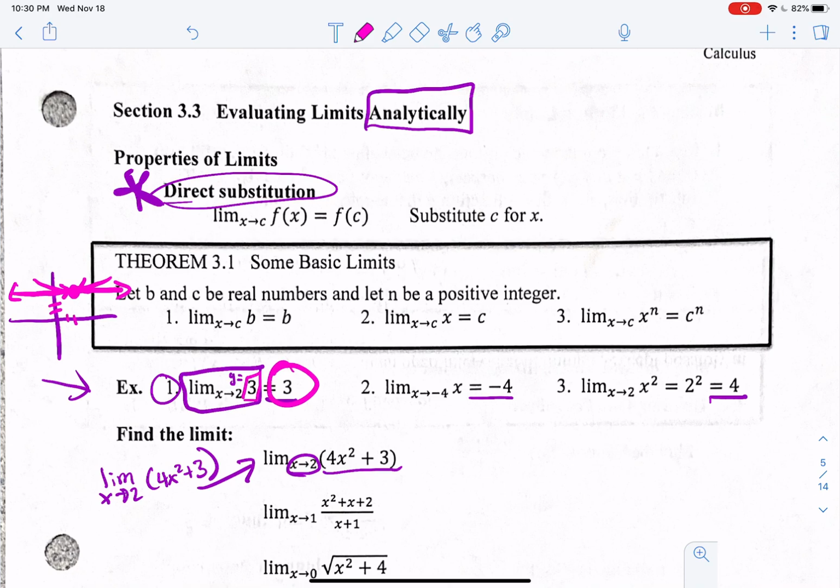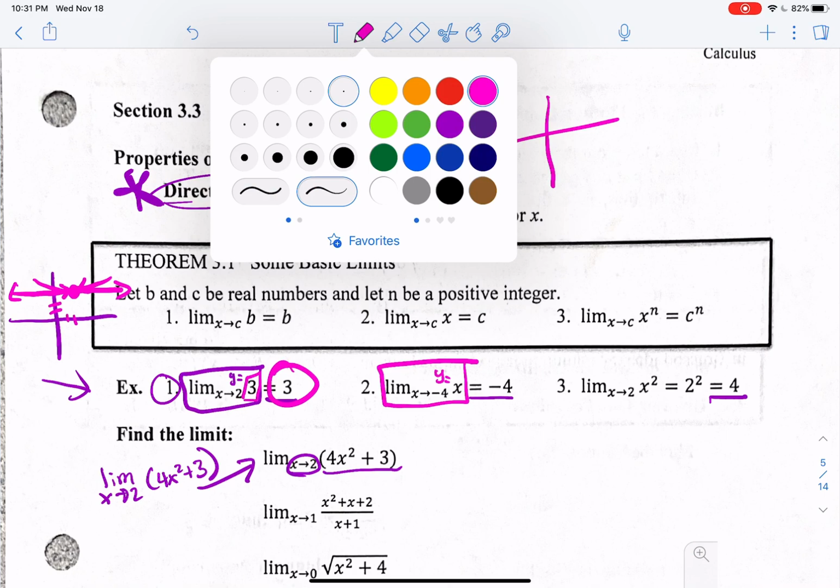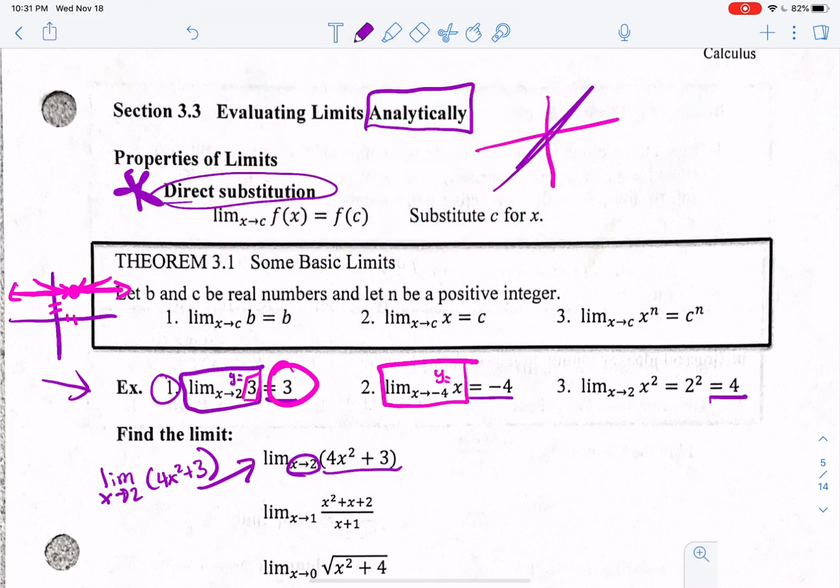This one here says the limit as x goes to negative 4 of x. That's what we're trying to solve for. So think about the line y equals x, okay? Y equals x is this guy right here that goes at an angle, up 1 over 1, all the way across, and we're trying to solve for as he approaches negative 4. Negative 1, 2, 3, 4. Okay, where is he living on the graph?